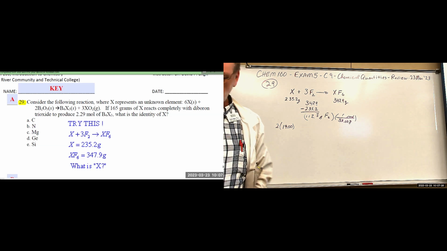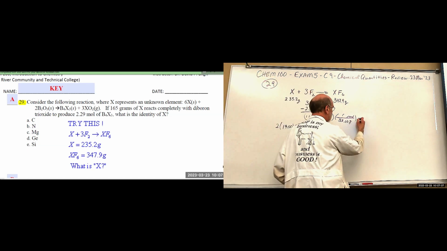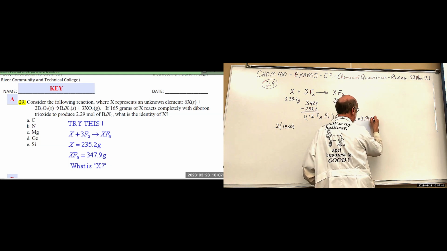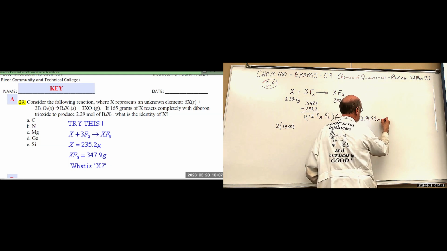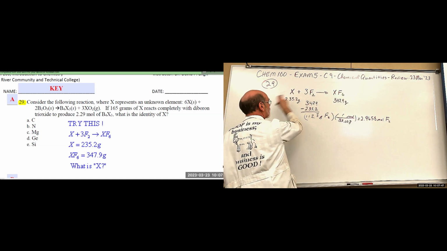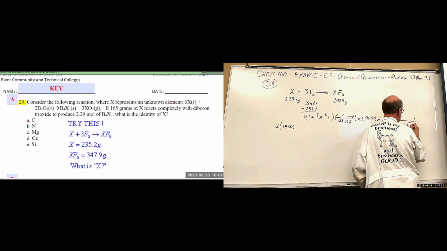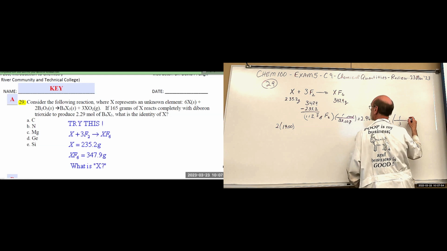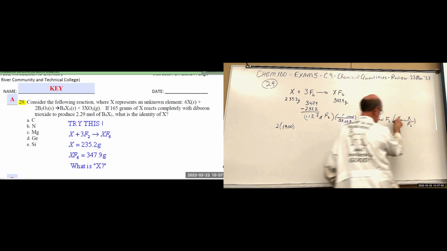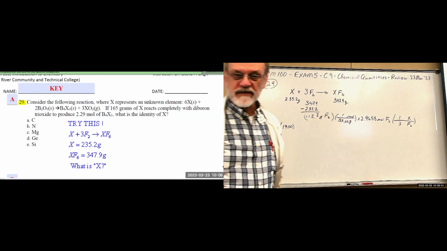So 38 into 112.7 is 2.9658. 2.9658 moles of F2. Now that we know the moles of that, X is just a third of that, right? F2 here, coefficient there, and coefficient there. Okay, so 3 divided into that gives us moles of X.